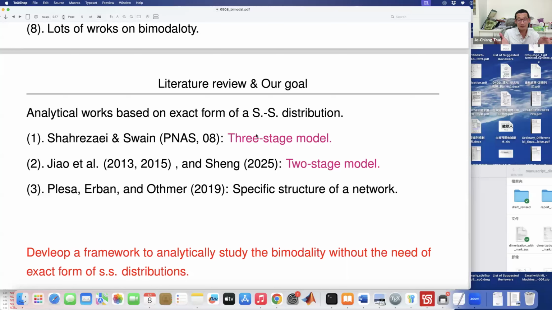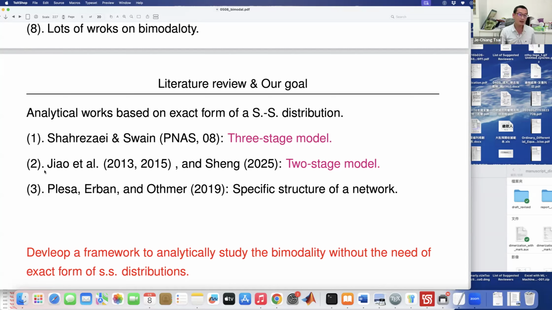Because this exact form of state distribution is exact, but very ugly, and very difficult to analytically say their properties.